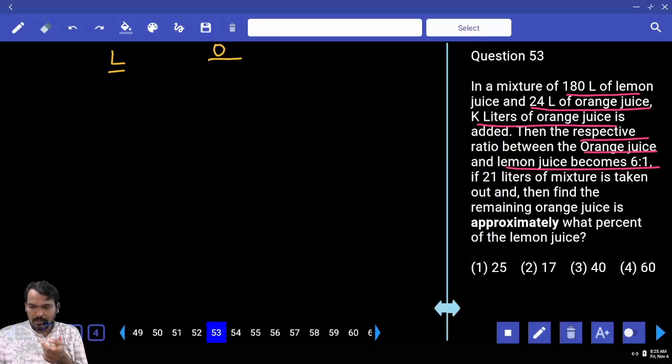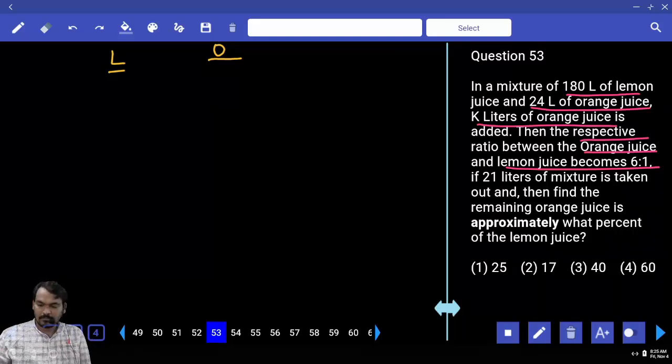In the paper, lemon and orange are given, orange and lemon are given. What is the key value? 17 or just verify the key? What is the answer?